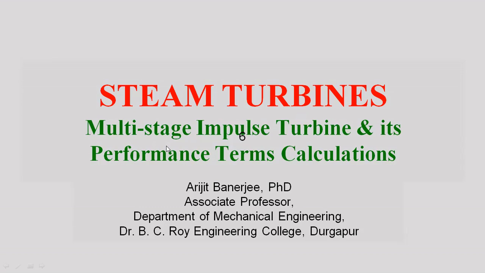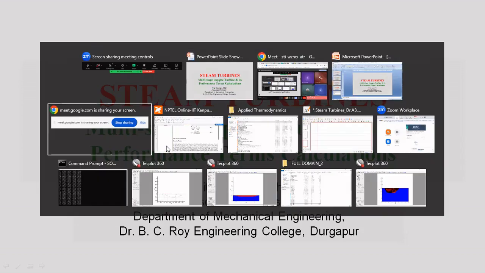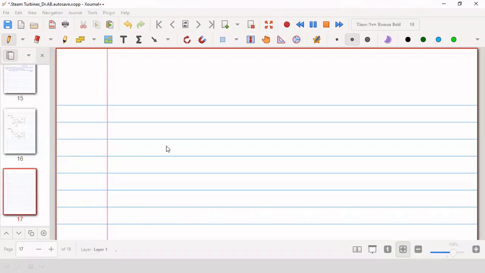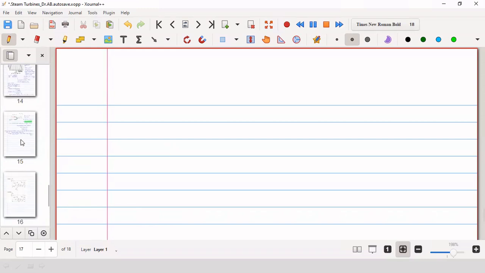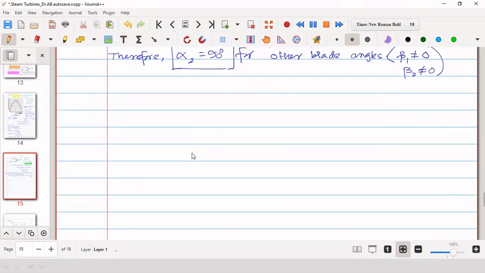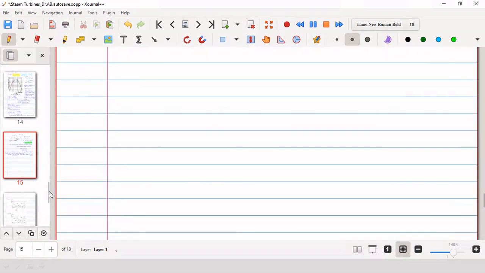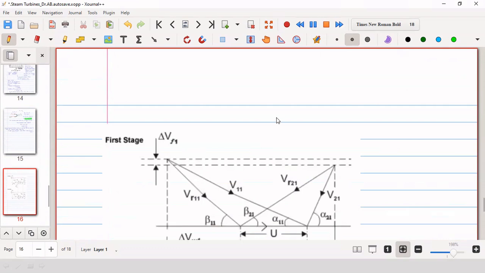Now we will see these again, and we will try to analyze the performance parameters for these. So far, we have discussed all these performance parameters. Now, we will see the performance for a velocity compounded impulse turbine.